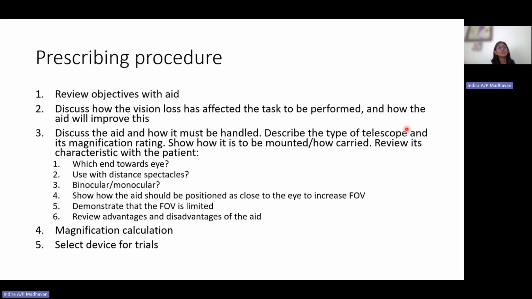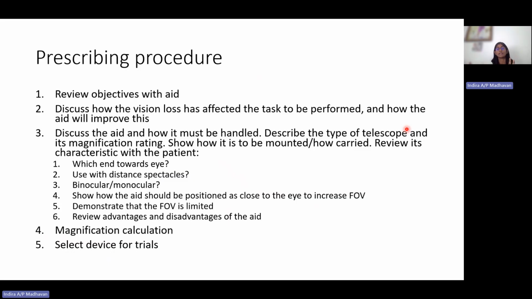So that's how you review the objectives: the complaint, then the assessment, then what you are planning to do, and also a little bit of explanation on how the vision loss has affected the task to be performed and how the aid will improve this. Okay, if let's say the patient has glaucoma.